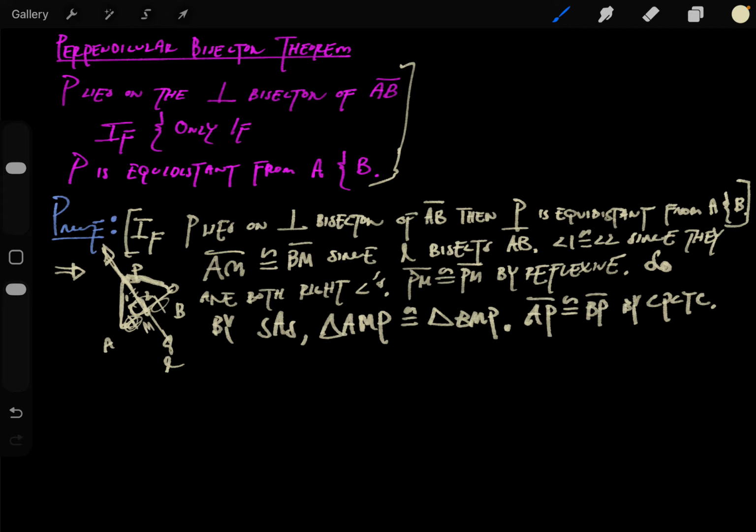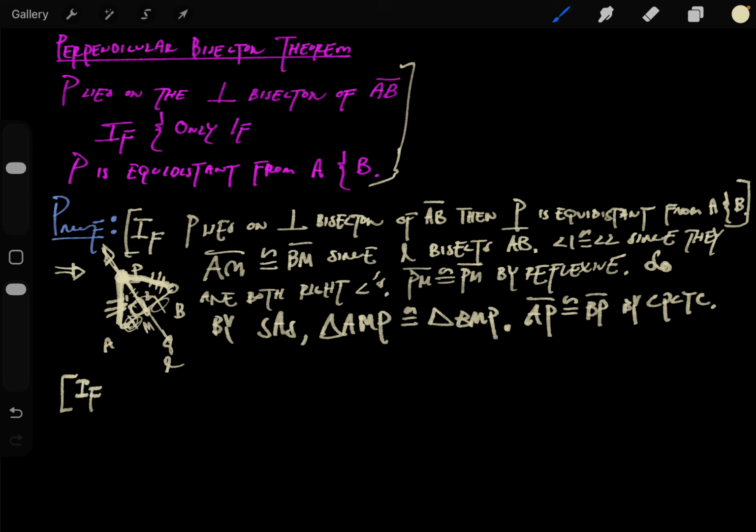That means this segment is congruent to this segment, so P is equidistant from A and B. Now the other direction, which is the converse.